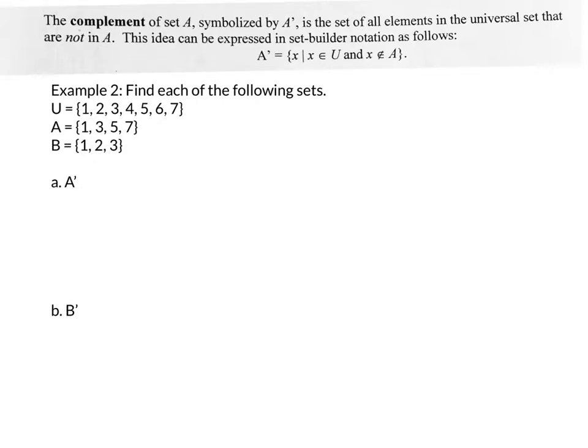The complement of set A is symbolized by an apostrophe. When you see that apostrophe attached to any set, that is read out loud as complement. So I'd read this out loud as A complement.